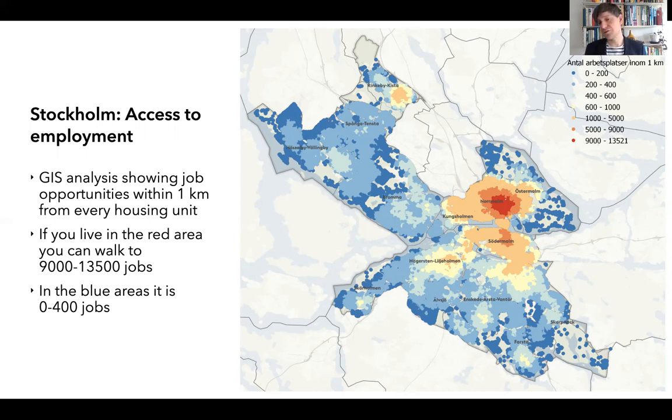And this is not so strange because many of the offices are in the center. Most cities have a CBD, a central business district, where offices are located. But now that we are trying to find strategies to relocate offices in the other areas, it's important for us to understand how the access will be for different parts of the city.